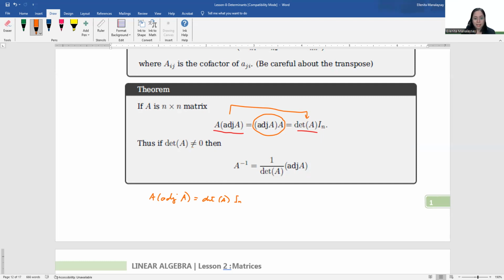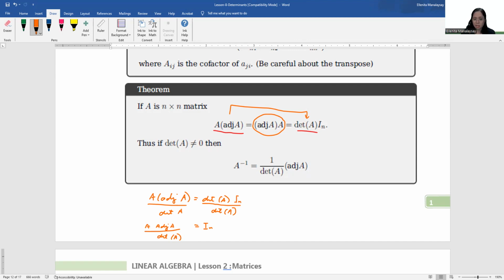So if the determinant is not equal to 0, we can divide both sides of this equation by the determinant of A. So the right-hand side of the equation is simply the n by n identity matrix. But this time around, we have A times adjoint of A over the determinant of A on the left-hand side.